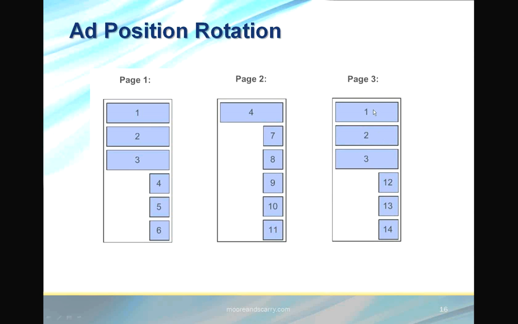And when you get to page 3, it's 1, 2, 3 again, and then ad rank 12, 13, and 14. If you're looking for first page rankings, it's important to be realistically 6 or lower. So between quality score and our bids, you can determine how high you show in the search engines, and how high your rankings typically do a pretty good job of creating more click-throughs for you.